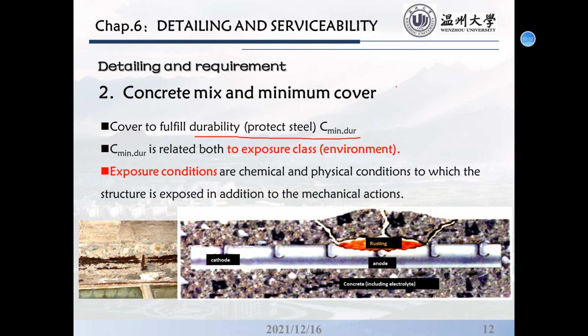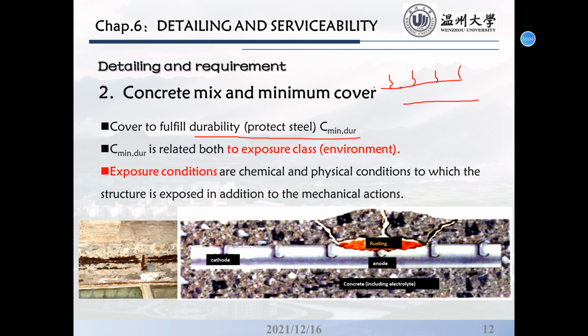I'm not sure whether students go outside to see some old buildings, or old bridges, right? Near the bridge, we will see some cracks developed on the surface. That means these structures do not have enough cover, right?